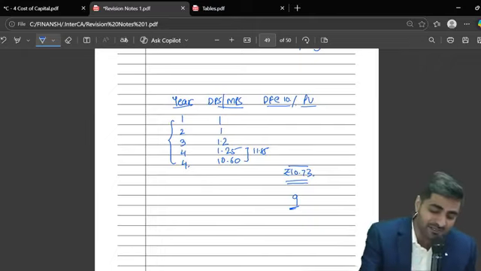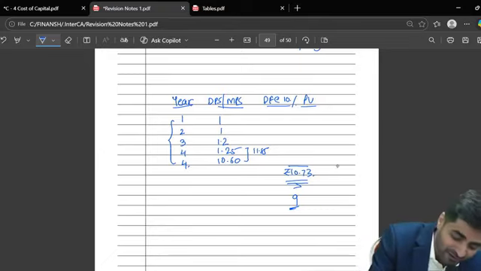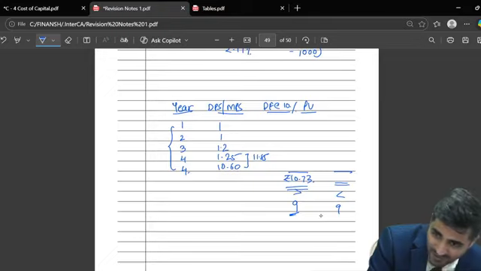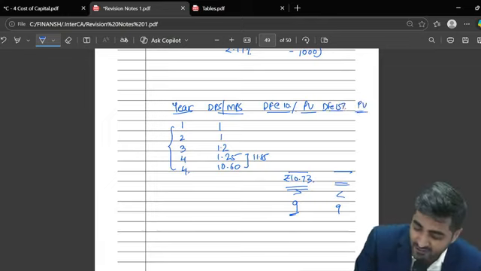Can I say now this 10.73 is not my final answer? Because this 10.73 is greater than 9. But actually I want this to be less than 9. Are you trying to understand this? So here I will try to discount it further. Let's try at 15% and check whether we get the answer or not.